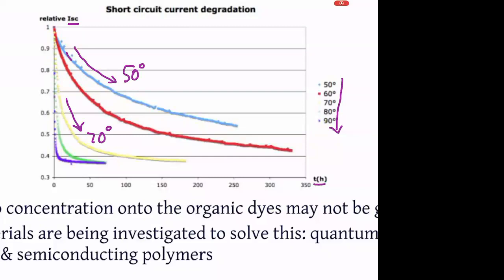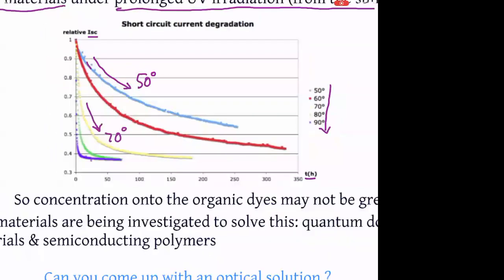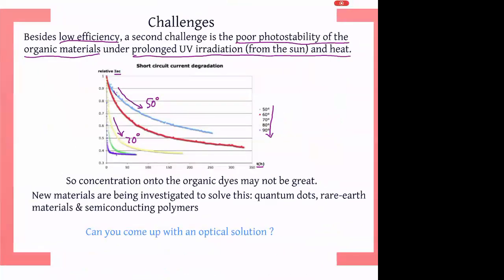And this can be solved in many ways. One of the ways people are trying to solve it is to find better materials. Things like quantum dots that you might have heard of, rare earth materials, semiconducting polymers, and things like that. By the way, these are what are called organic solar cells. Now, these are almost identical to things that you're carrying in your pockets today.